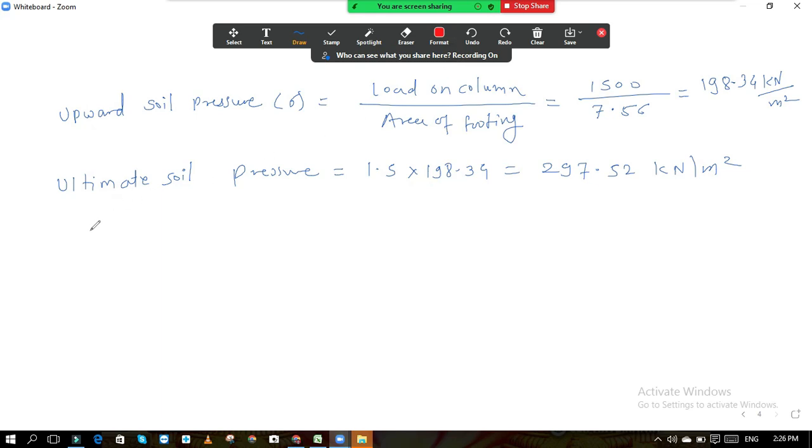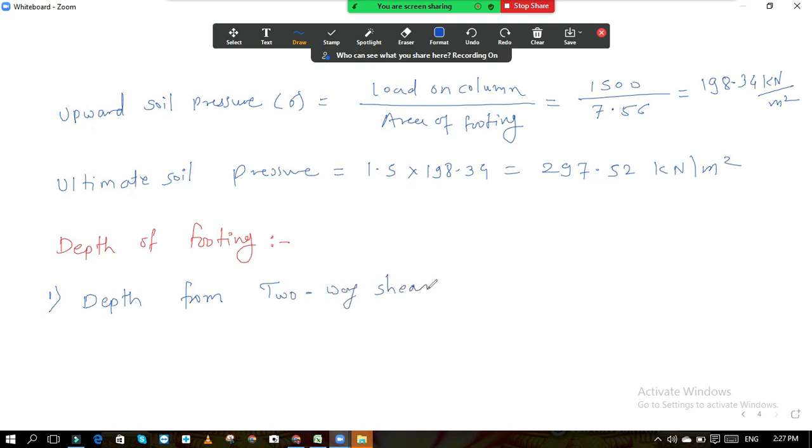First, depth from two-way shear consideration.